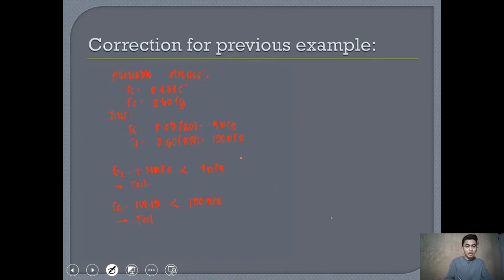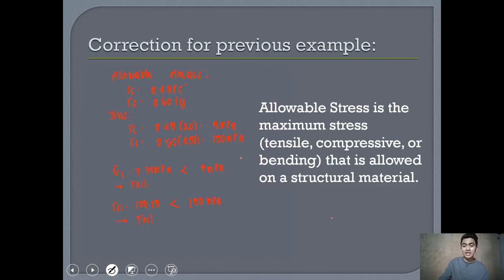So take a good look at this one. When I say allowable stress, what does it mean? Take note, allowable stress is the maximum stress, be it tensile, compressive, or bending, which is allowed on a structural material.